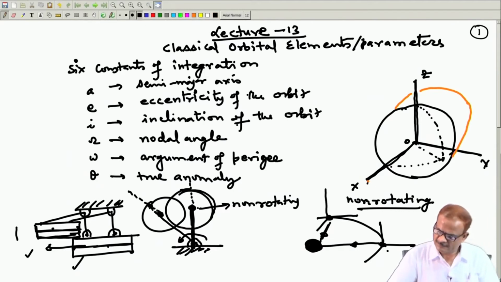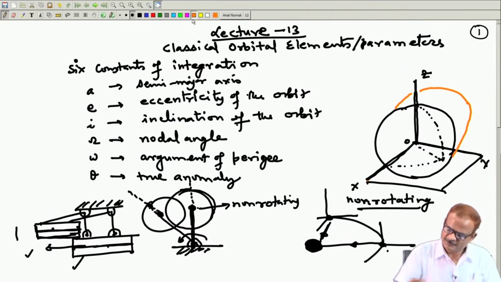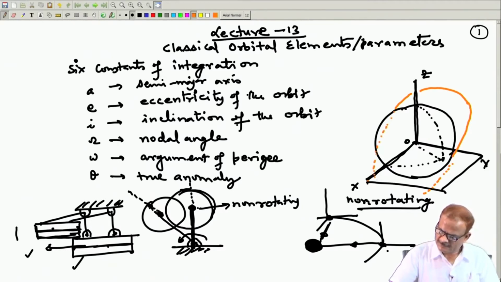This plane I will make something like this. Inside the plane I will show it by a dotted line, and from the back it is coming, going inside like this. Outside you can see it as solid, inside it is a dotted one. So your satellite is going in this orbit.